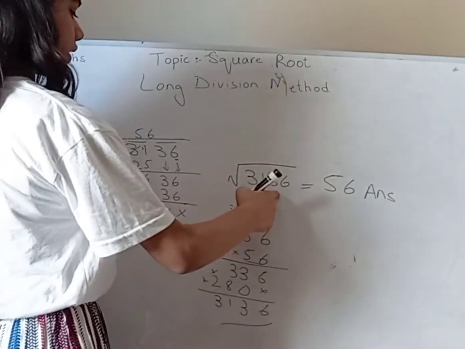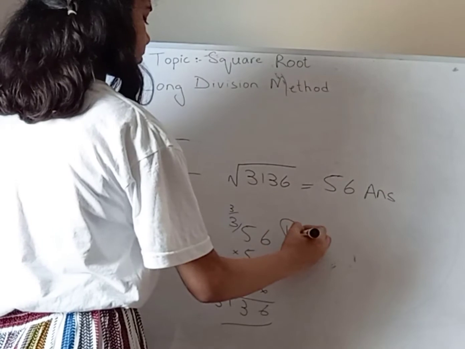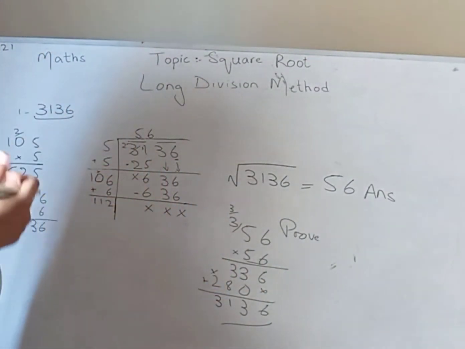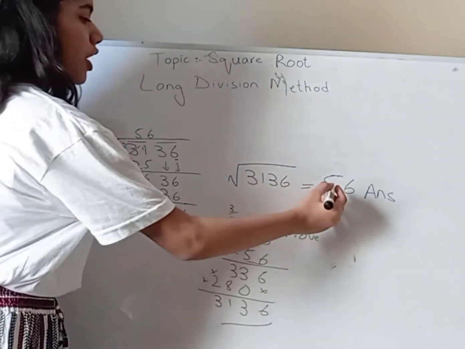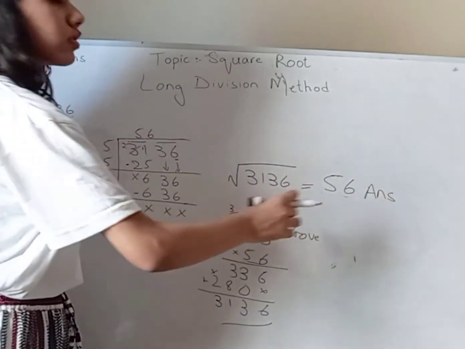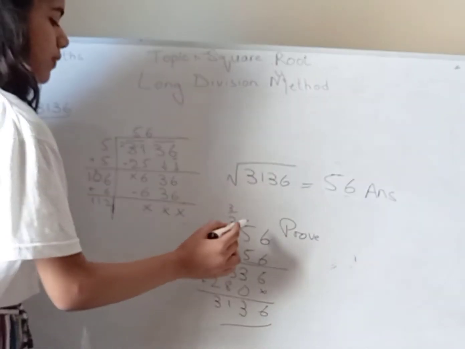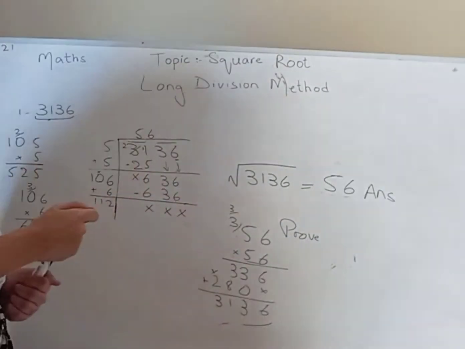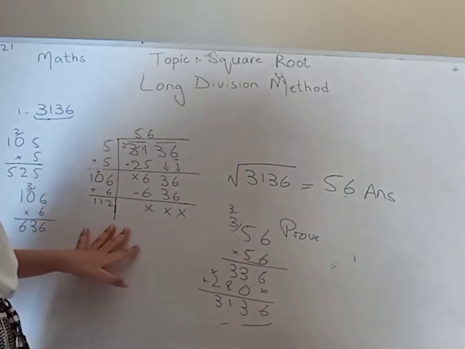Your answer is correct. You have proved it. An easy way to prove your answer is to multiply your answer by itself: 56 multiplied by 56. If you get the same number, it means you have solved it correctly.